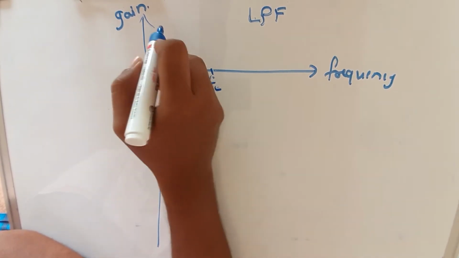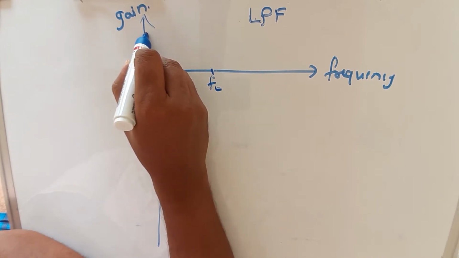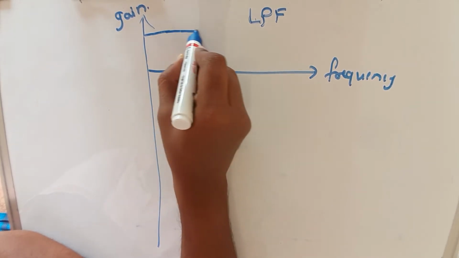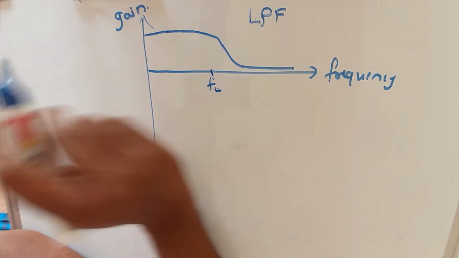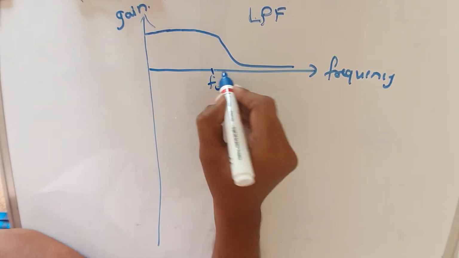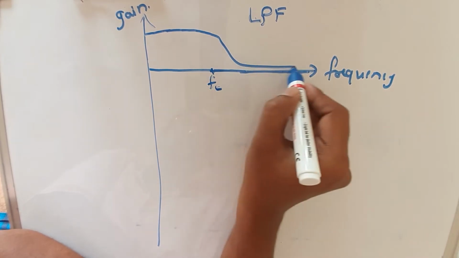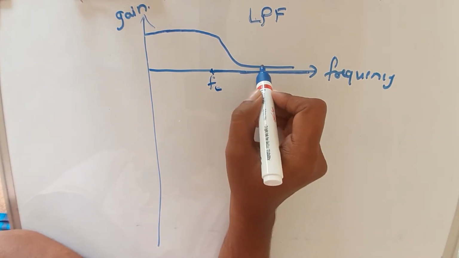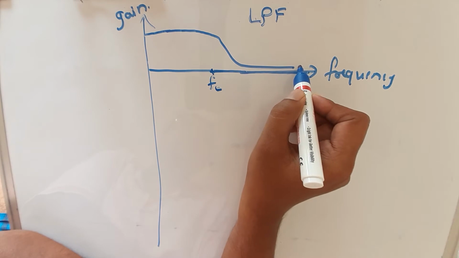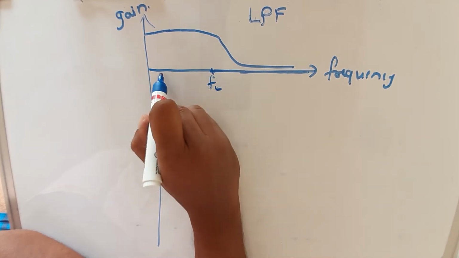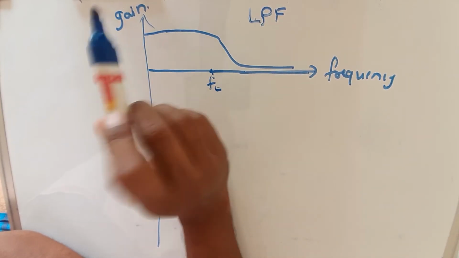A low pass filter basically passes the lower frequency and attenuates the higher frequency. As frequency increases, the gain of the low pass filter goes on decreasing, while for the lower frequency the gain must be maximum.